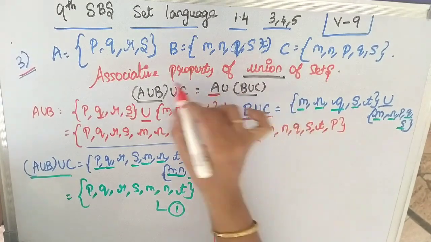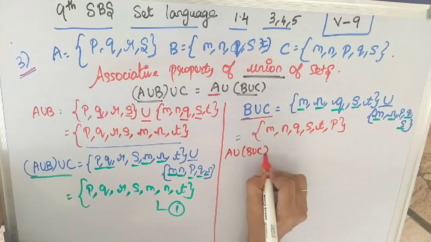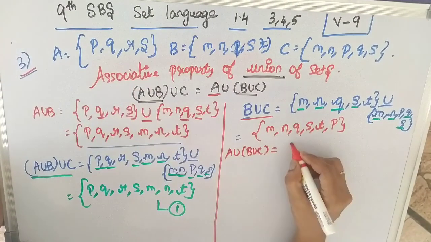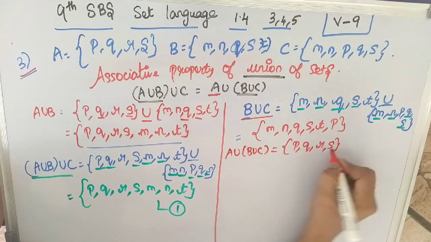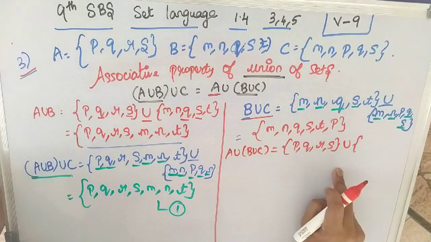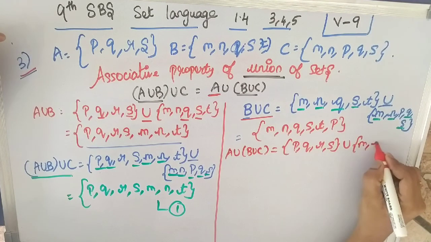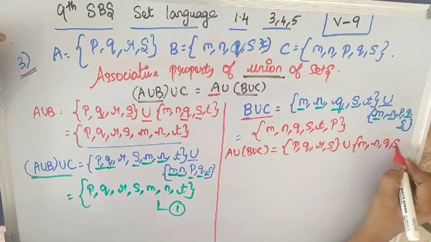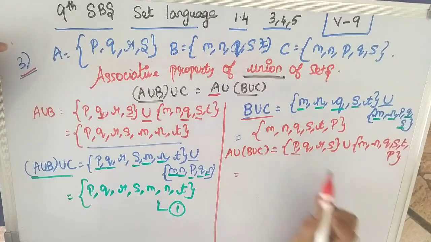Now, we have to find A union (B union C). What is A? P, Q, R, S. Are you following me? Okay. Well done. Union. What is B union C? We have just found it: M, N, Q, S, T and P. Clear? Now we have to find the union between these two.